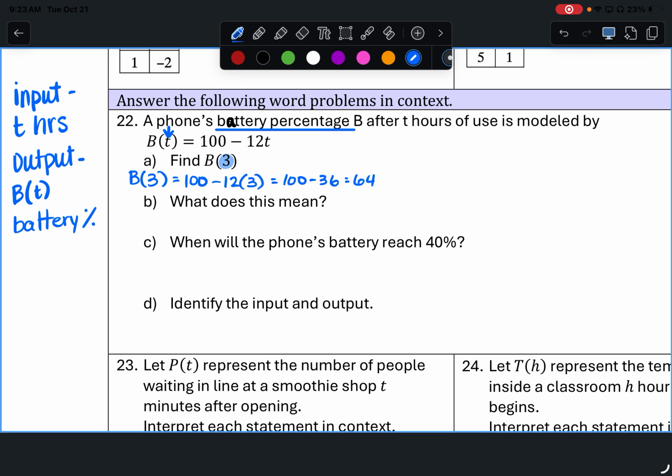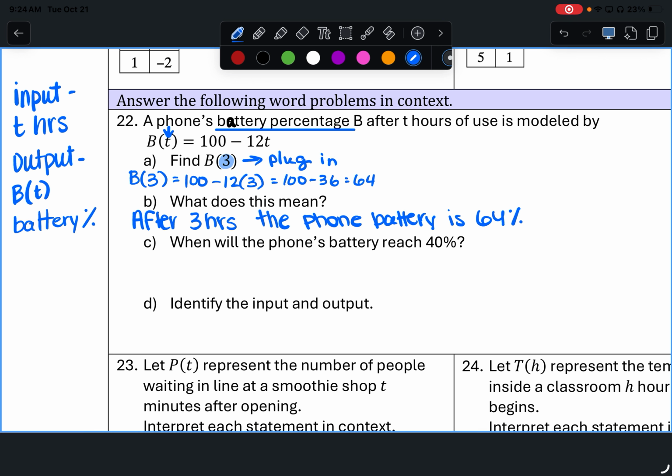So in context of that question, after 3 hours, the phone battery is 64%. Okay, so when it's written like that, that tells us we need to plug in.